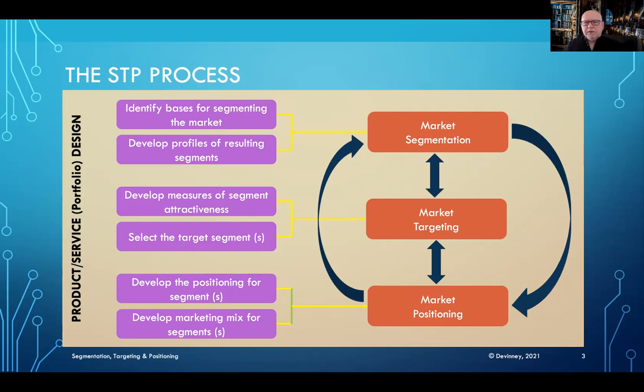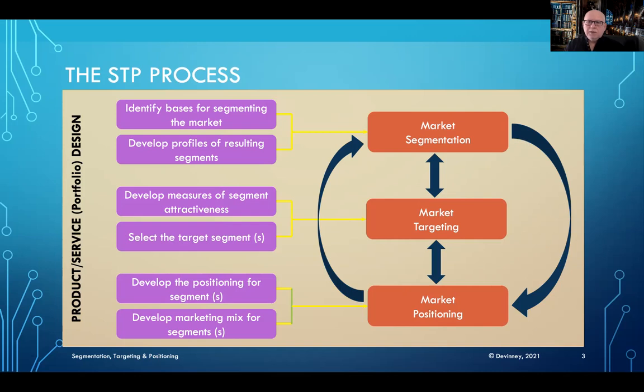And the other aspect of this is, while I presented it initially as segmentation, targeting, and positioning, these things have a natural endogeneity to them, in the sense that you can make an assumption and say, well, the segmentation is there, and all you do is discover it. Well, that isn't necessarily true, and the consumers learn a lot about the market from what the market presents to them.